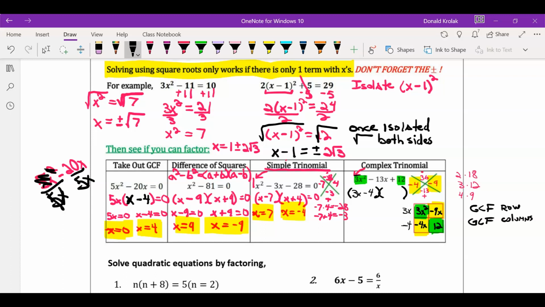Right, so up top, let's see if I go this way. All they have in common is an x. That's a leading negative, so I pull out a negative.